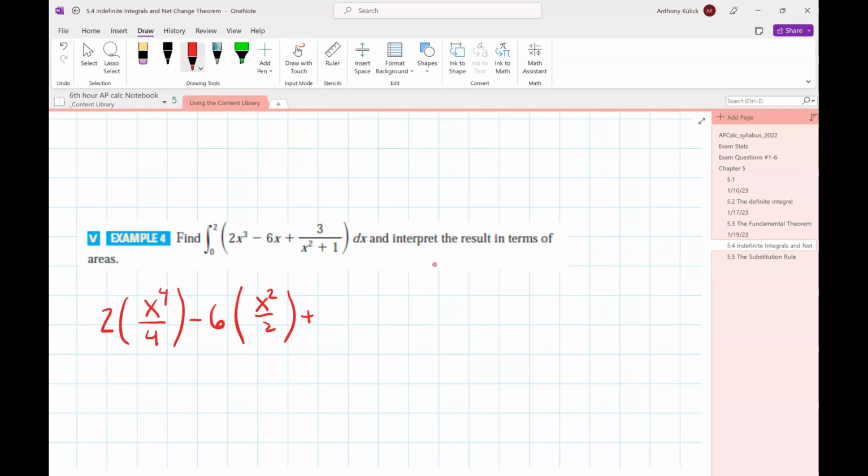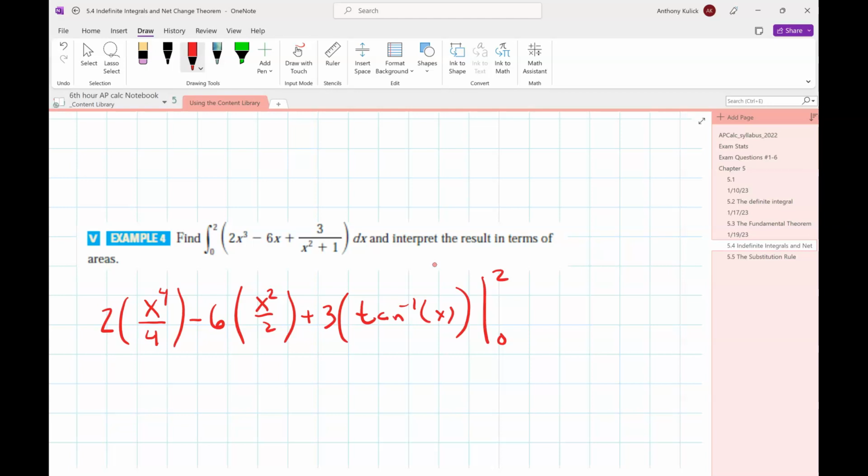What would the constant be? 3. And what's the antiderivative of 1 over x squared plus 1? Tan inverse, yeah. Excellent. And again, no C because this is a definite integral. So if it's indefinite, it's going to have a C. Correct. 100%.